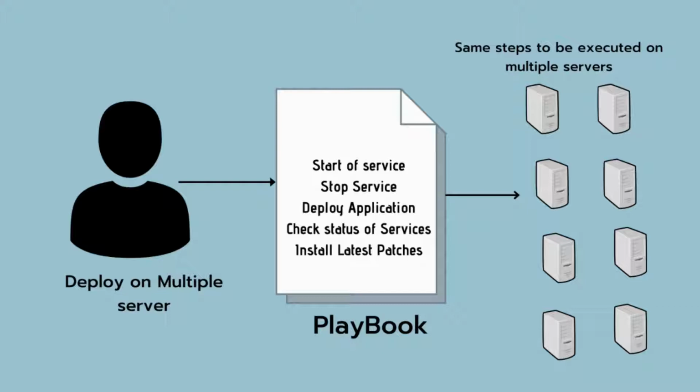As you see on the screen, I want to deploy a package, for example the HTTP package, on multiple servers. What I will do is write a simple playbook so that Ansible can execute that on multiple servers, rather than logging in manually on those servers and executing the command repetitively. It's better I write a playbook.